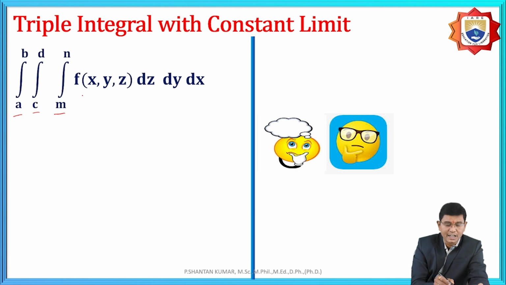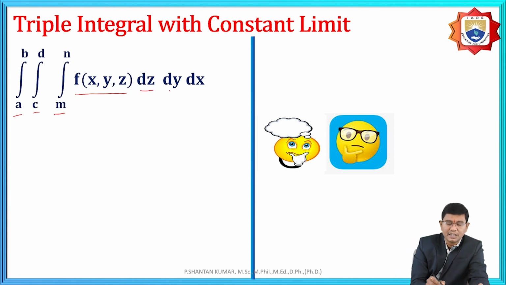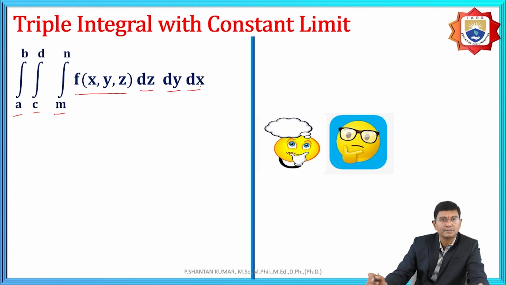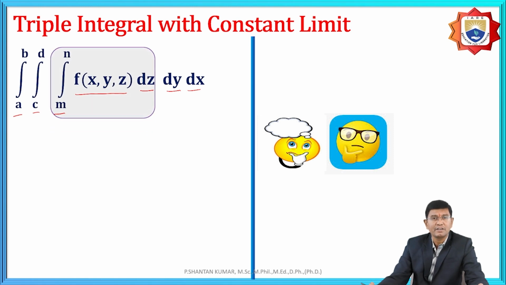The function is a given function f in terms of x, y, z, with respect to dz dy dx. The inner variable is z, so we first integrate with respect to z, whose limits are m to n, the lower limit is m and the upper limit is n.